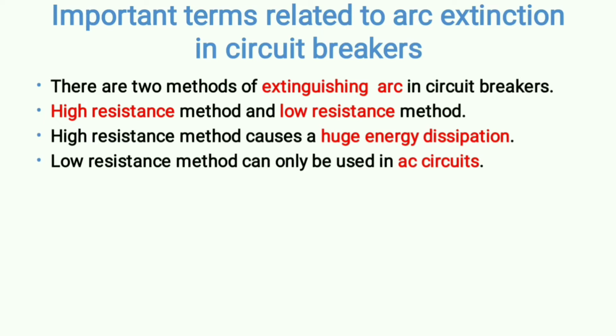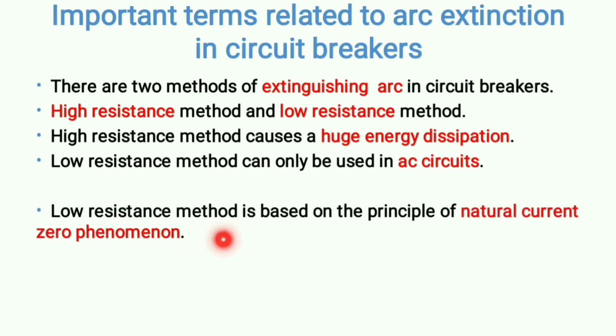But in the low resistance method the arc resistance is only increased the moment the current becomes naturally zero, so for that very instant there will be no current and automatically no arc. That is why there is no chance of huge energy dissipation, and that is the advantage of the low resistance method.